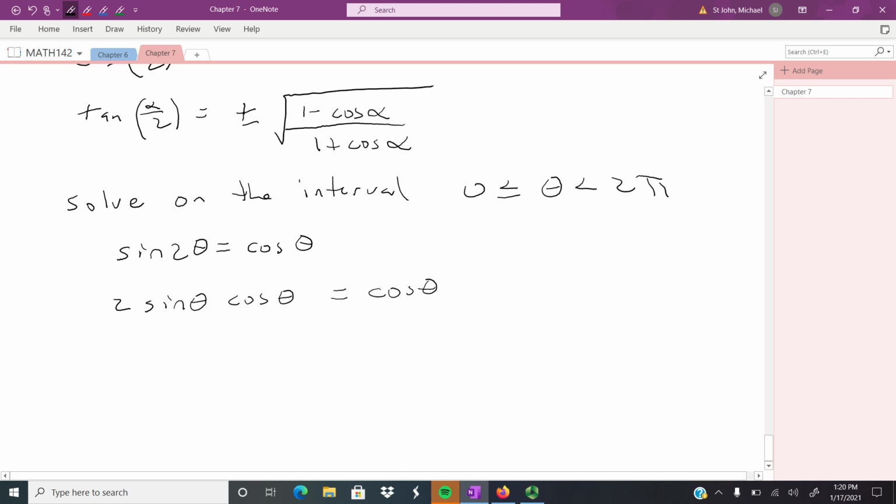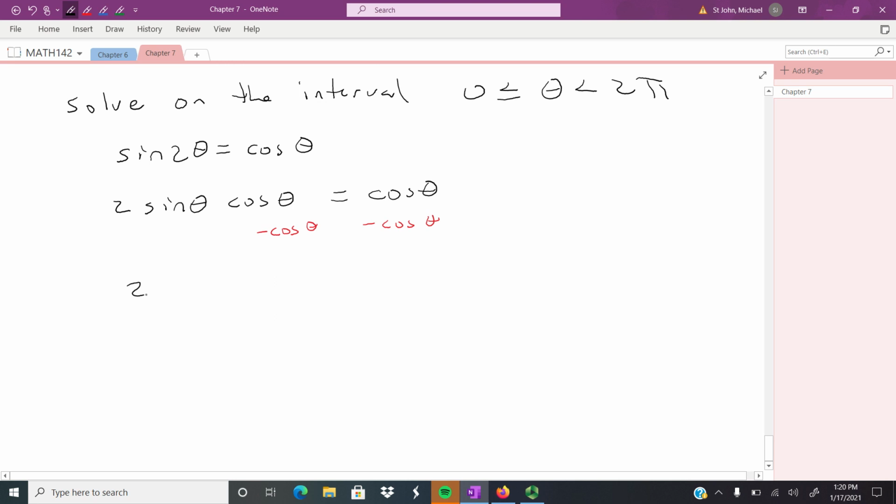So now I'm going to take the cosine theta to the other side and set this equal to 0. And so we have 2 sine theta cosine theta minus cosine theta equals 0. And then, of course, now I can factor out a cosine theta. So cosine theta times 2 sine theta minus 1 equals 0.